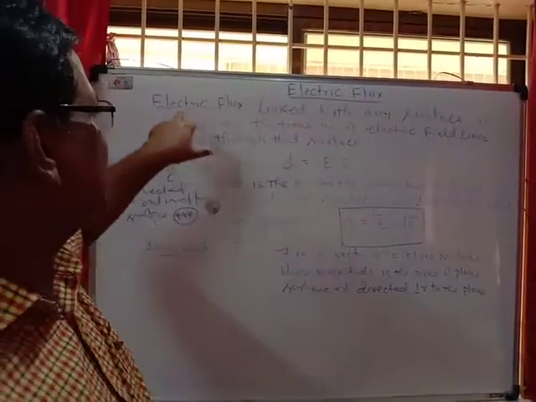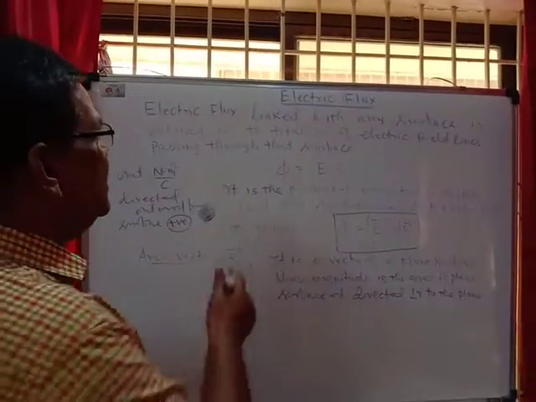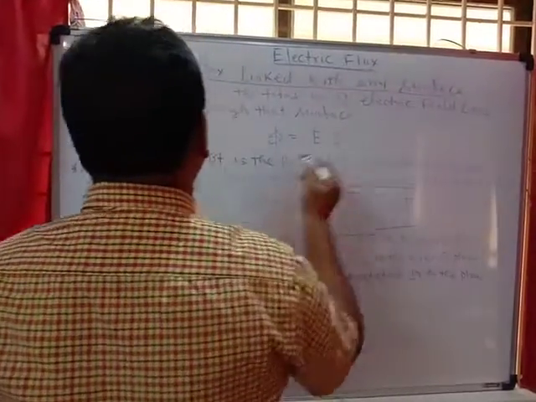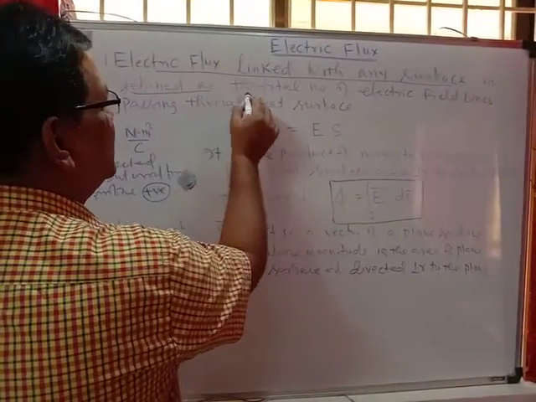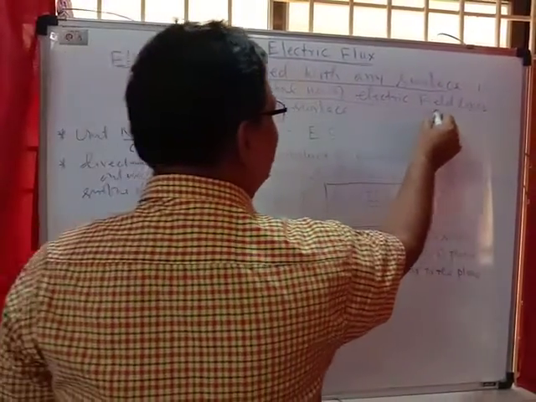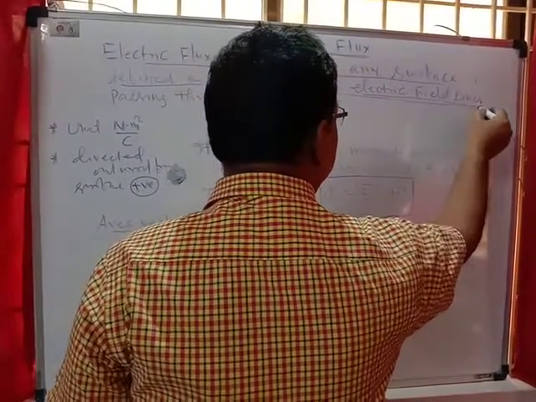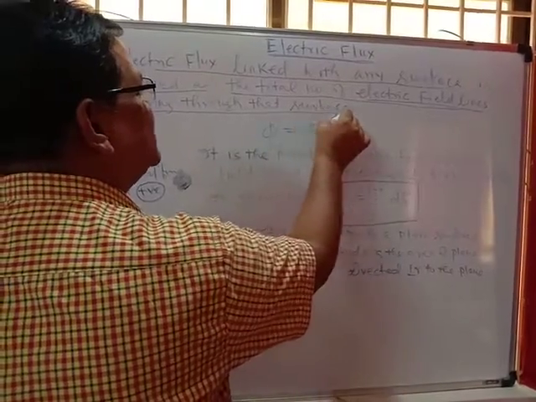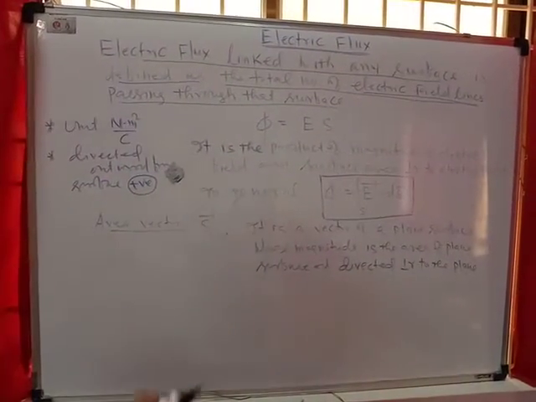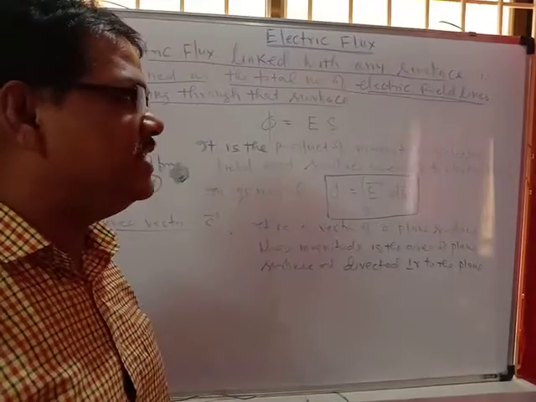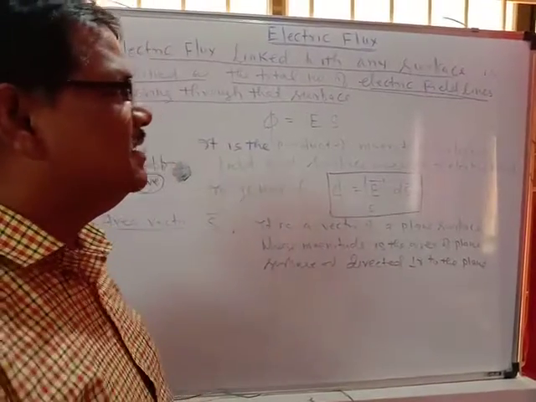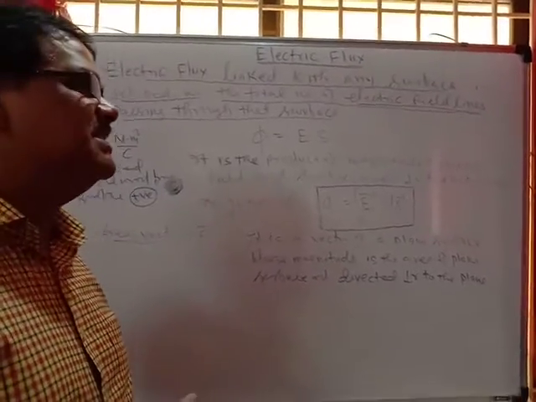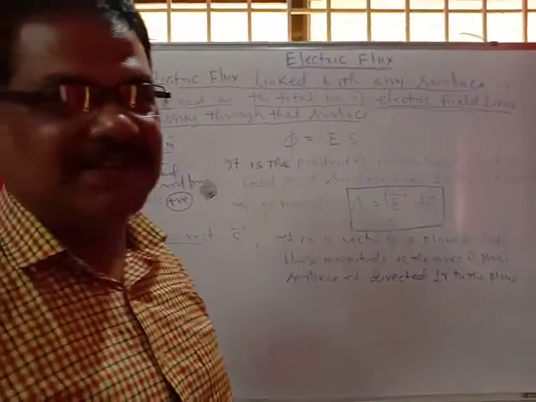The electric flux linked with any surface is defined as the total number of electric field lines passing through that surface. The difference you must understand: electric field lines are the path coming out from the charged body, an imaginary line representing the electric field.